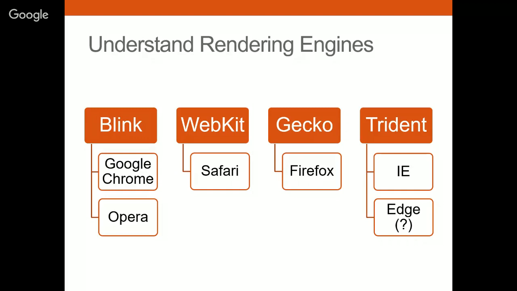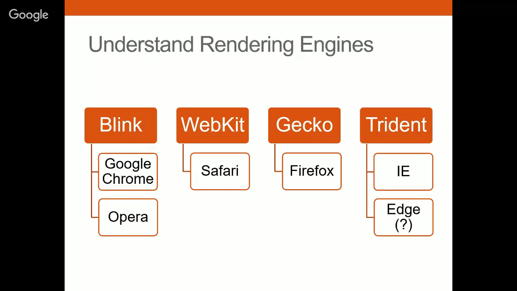So for example, Google Chrome is now releasing a new version every, I guess it's 6 weeks now. So you will have to constantly test for new versions of Google Chrome if your projects are longer than 6 weeks, for example.